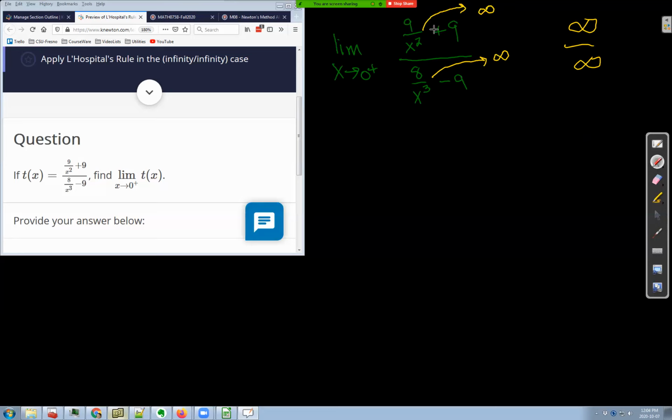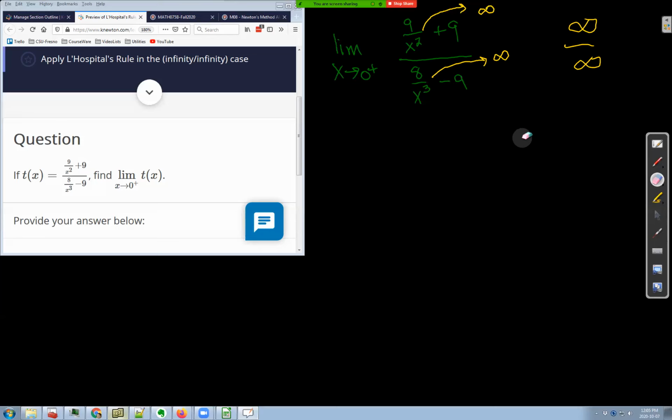But before I do that, I feel like I want to simplify it a little bit, because it's kind of a mess right now. Let's think about why I'm simplifying it first. Let's think about what L'Hopital's rule would say. What would be the next step?